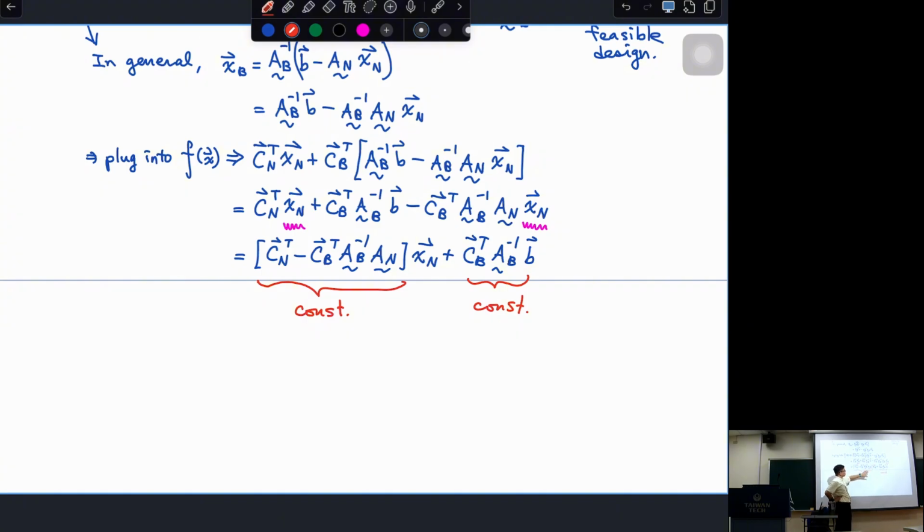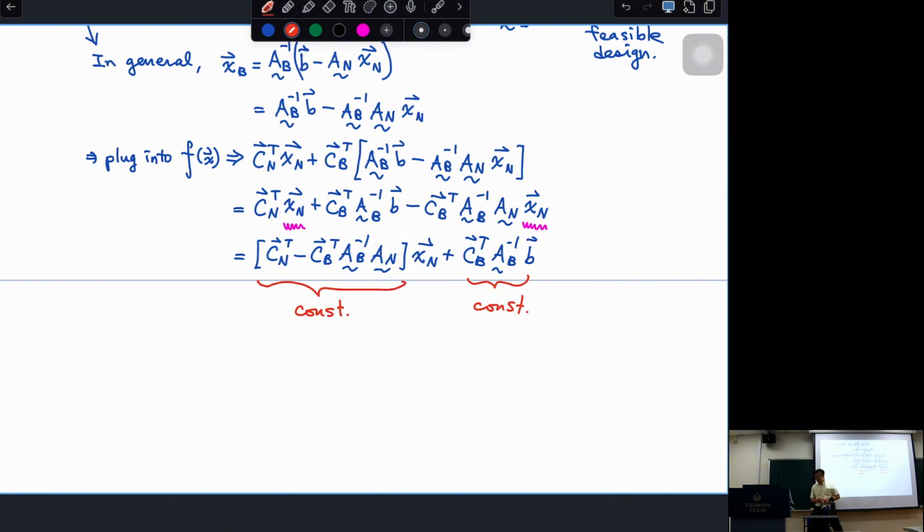So you would like this part to be negative. The corresponding coefficient in this chunk, you want that corresponding value to be negative. So when you increase one of xn from 0 to a number, because of the negative coefficient, that combination will be a negative value, and that will decrease your objective function. So you can minimize.